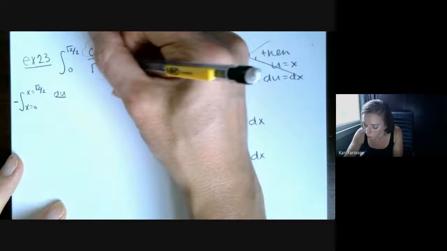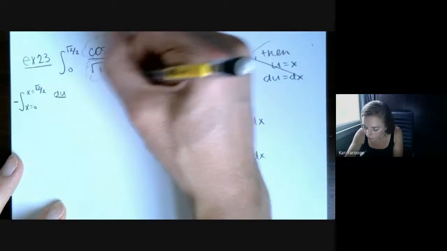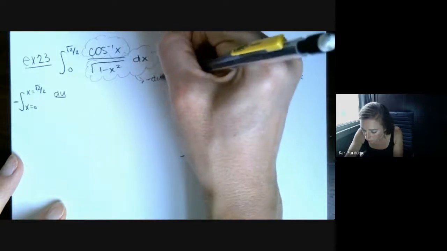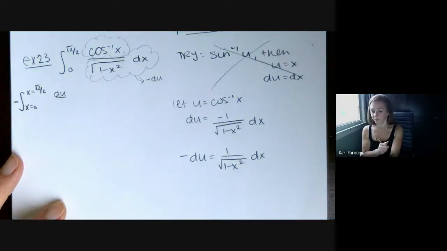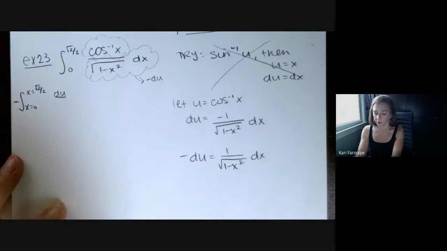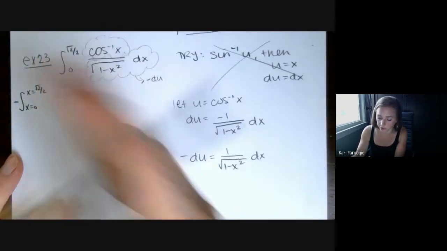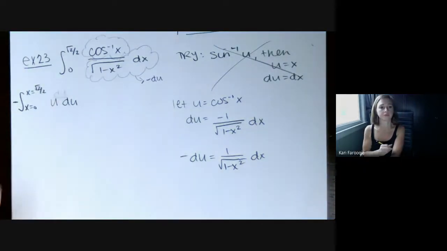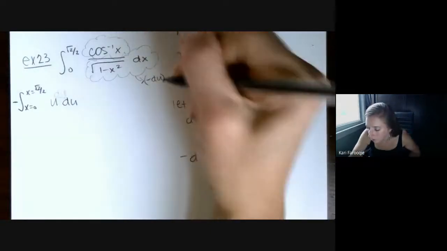So this whole thing right here, I've got all these clouds going on, is negative du. So we have u du. Maybe I'll put that in parentheses.